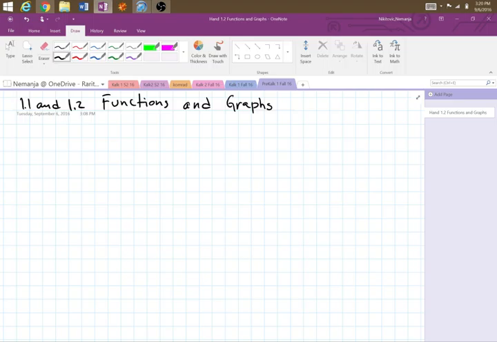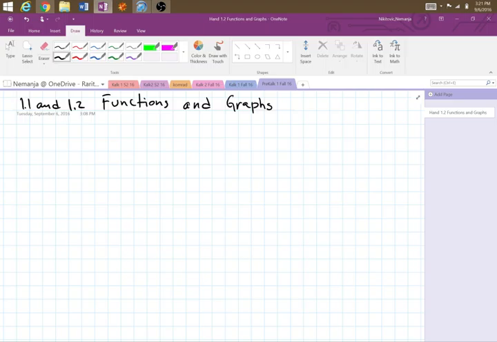So we start with the definition of a function that you must know at all times, because understanding the definition of the function is going to be crucial in you knowing what is a function, what is not a function. And then also how to relate what we write in mathematics to what we see out here or out there.